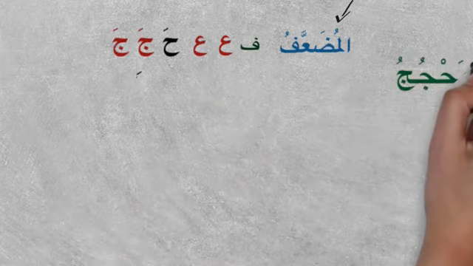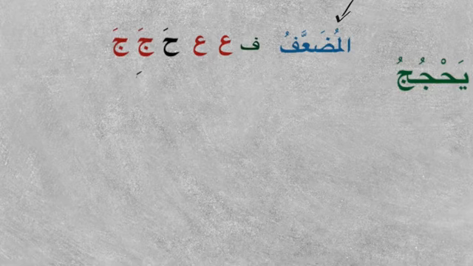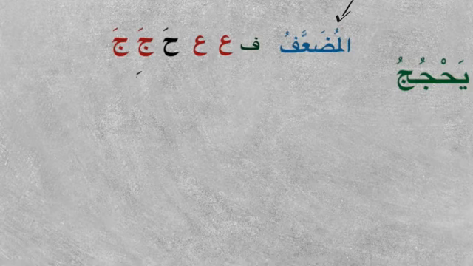If we take away this and go to Mudara, Mudara becomes again very interesting. Most of the Muda'af are Bab Nasara. Nasara yansuru. So if it is yansuru, it has to be yajuju.